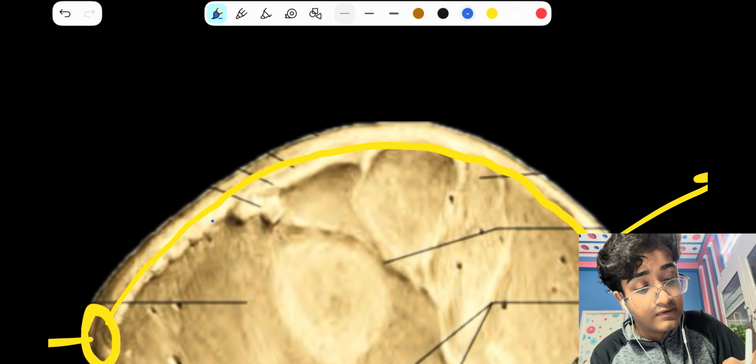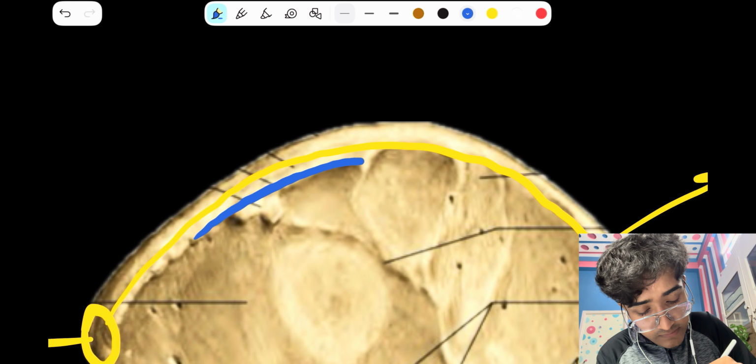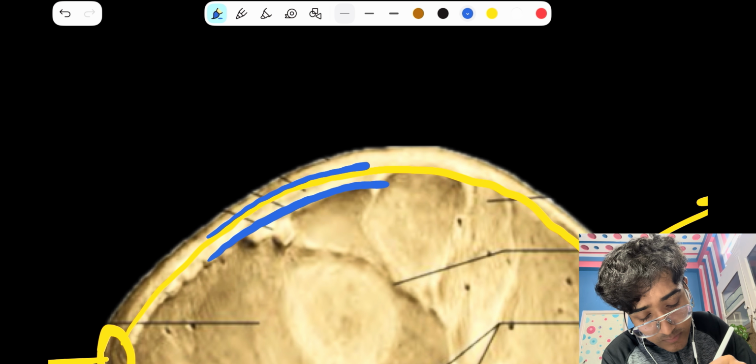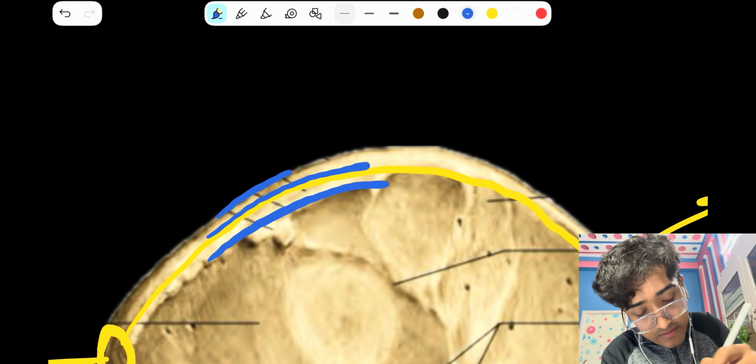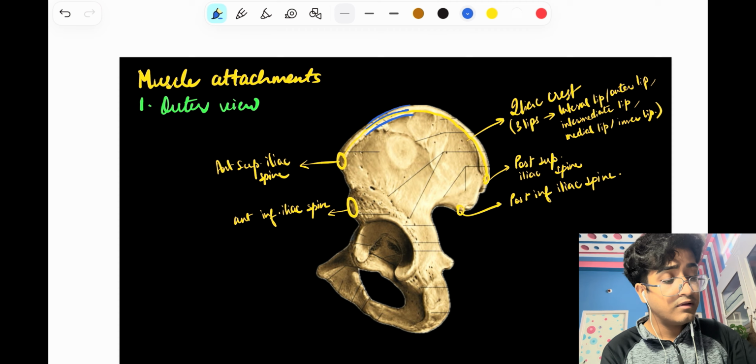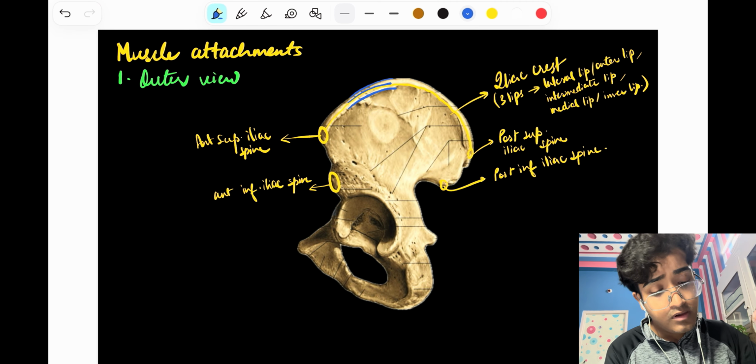Let me mark the lips here. You can see this is the outer lip, this one is the intermediate lip, and inside we can see the inner lip.